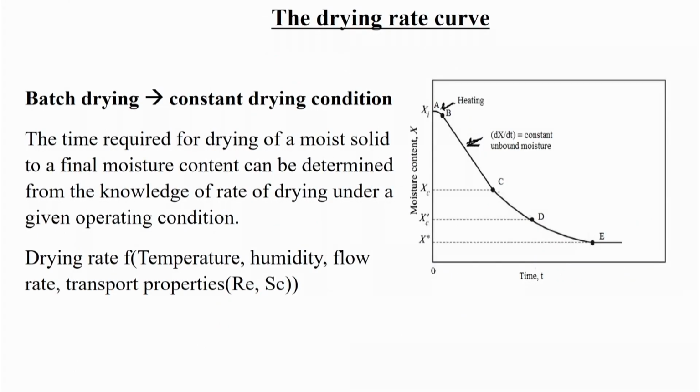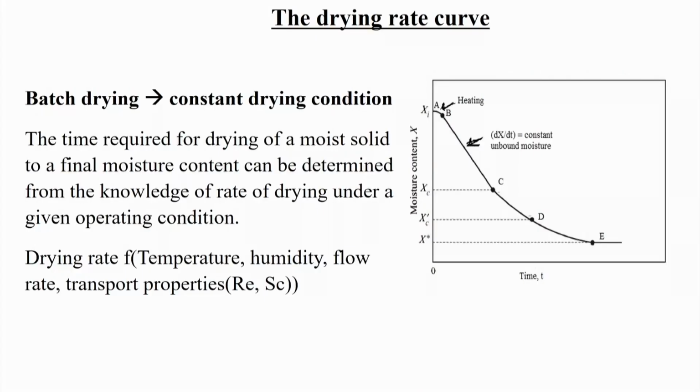Now, we will be discussing a very important topic, the drying rate curve. We will first discuss the batch drying process, then the continuous drying process, but first the constant drying condition.